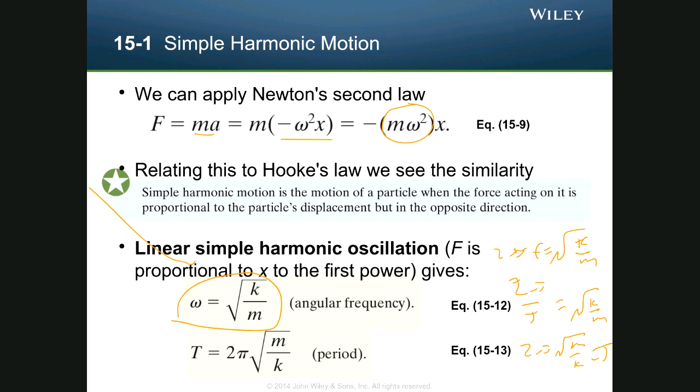With pendulums, for instance, omega is going to look a little different. It depends on gravity and the length of the string. We'll be able to use the same relationships, but we'll get different realizations of this K and omega. All right, that makes sense.